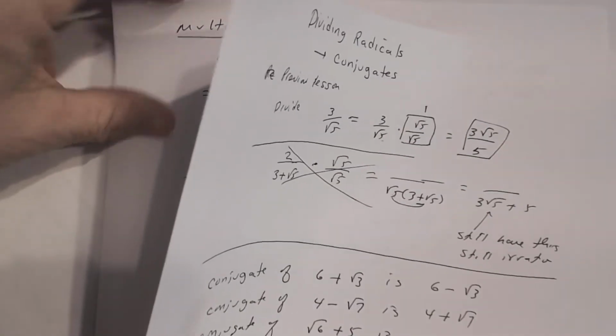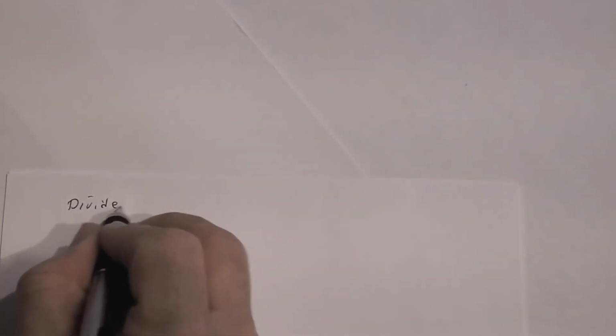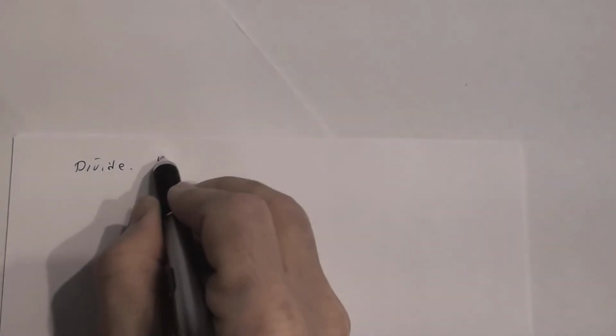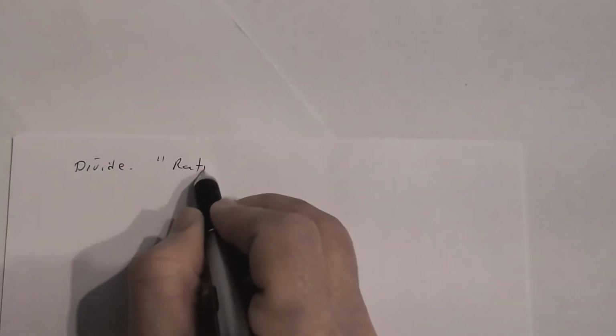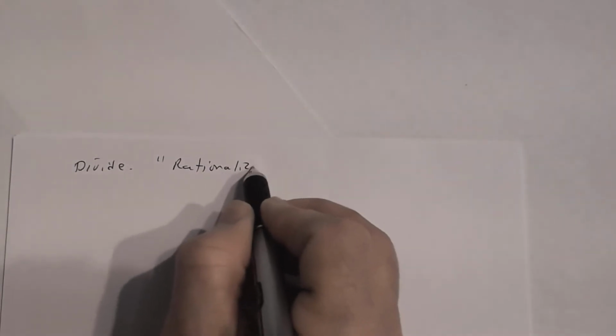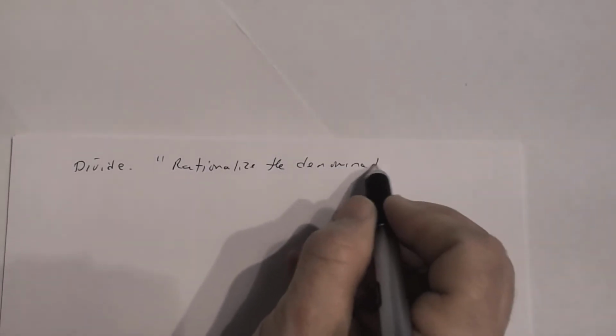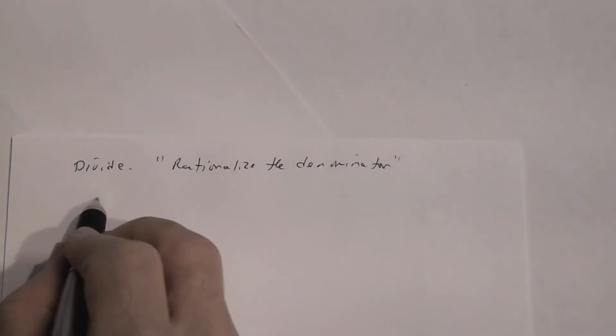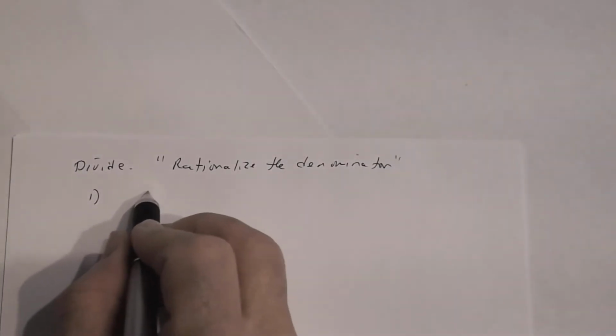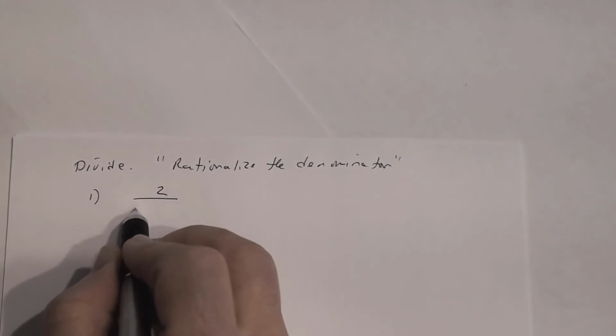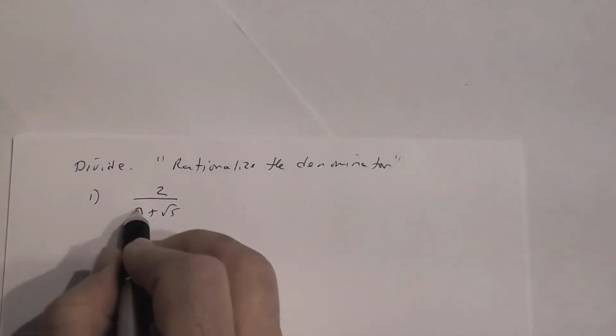So let's look at this. This is going to be number 1. The directions will say divide. It may also say rationalize the denominator, but it may not. For example, number 1, we have 2 divided by 3 plus the square root of 5.